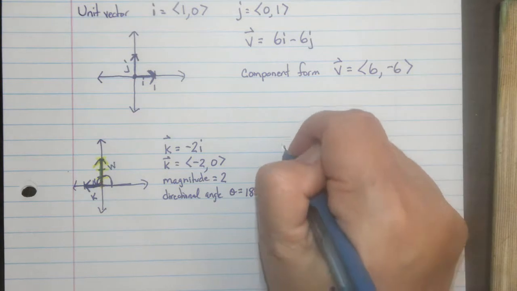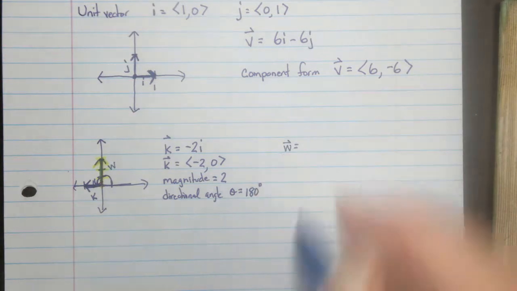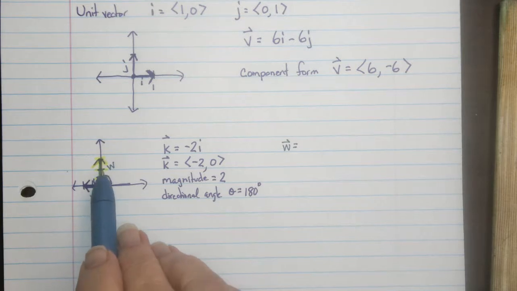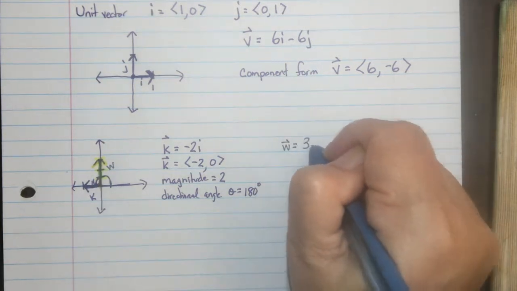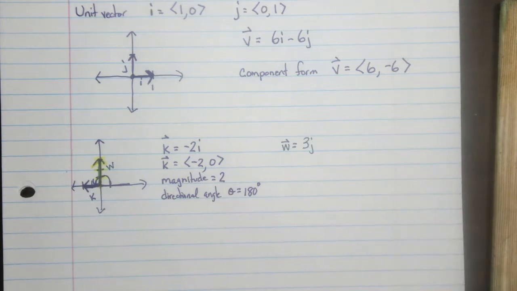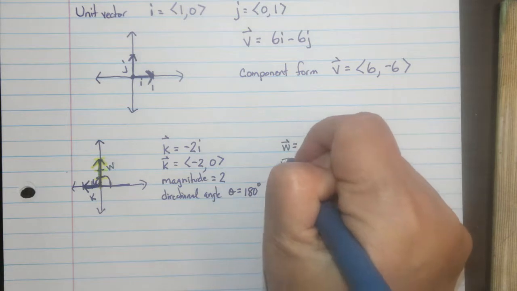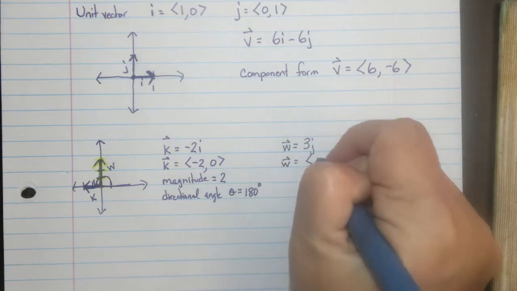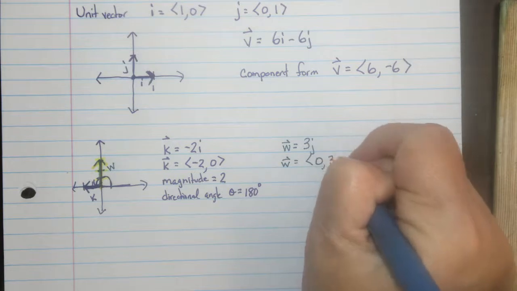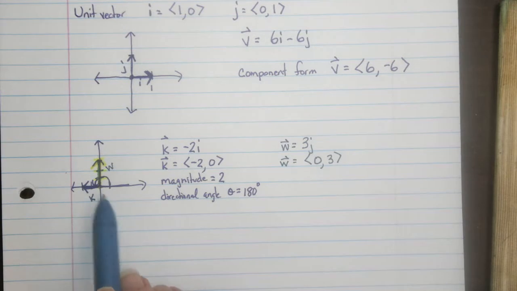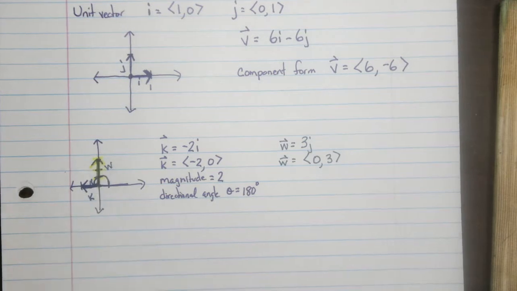So I'd take vector w, and I could write it, well, it doesn't have any 0 component, so it'd be 0i, so I won't even write the i. And it's going up 3 units, so I could write it as 3j. If I was going to write it in component form, it would be 0, 3, right? Because 0 is my horizontal component, 3 is my vertical component.